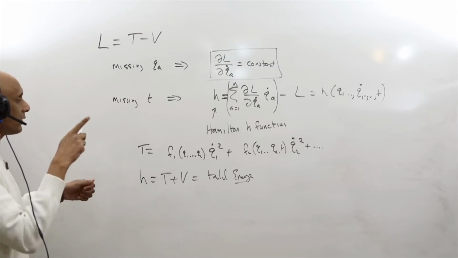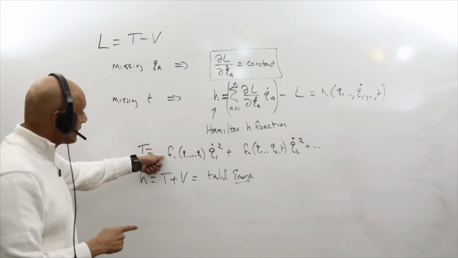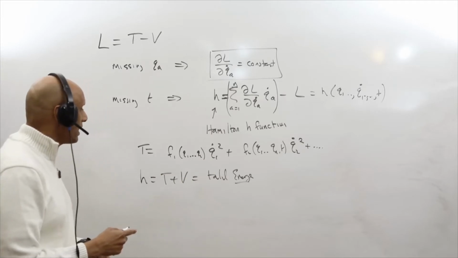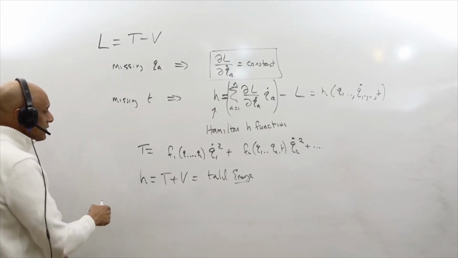So if you're missing t and your kinetic energy is in this quadratic form, then the H function is the total energy.